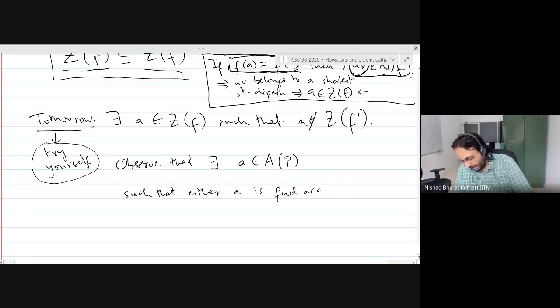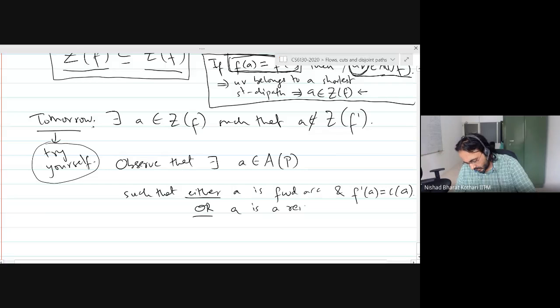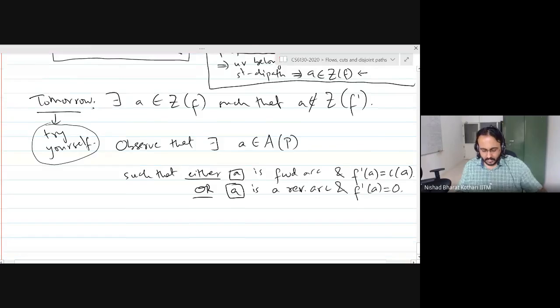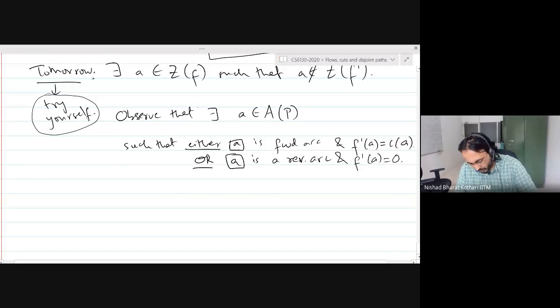It is a forward arc on the path, and its new flow F prime value is equal to the capacity of the arc. Or A is a reverse arc and F prime of A is equal to 0. Okay? There has to be such an arc. So I will leave this as an observation for you in case you don't see it. And the hint is think about the choice of epsilon.